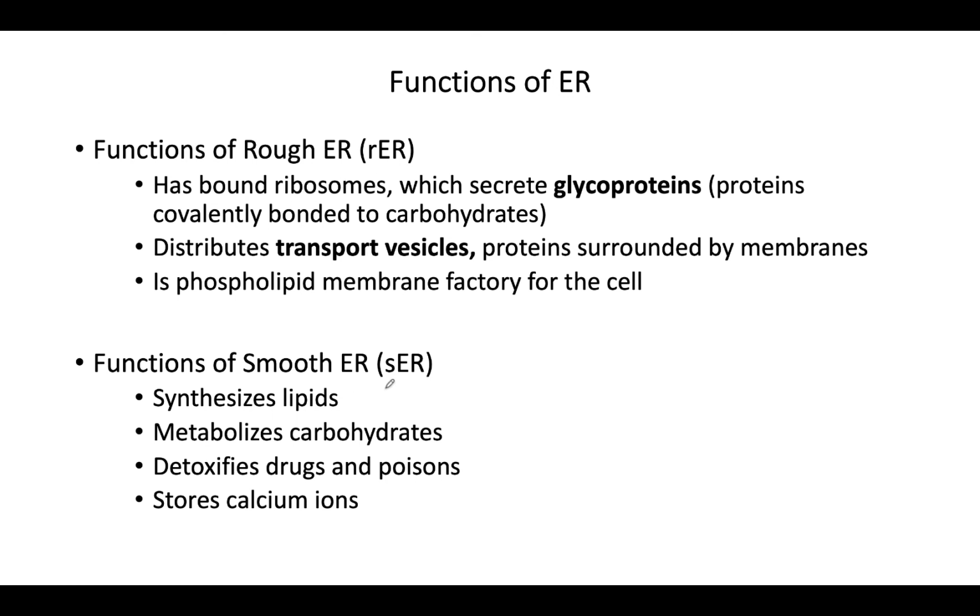Since SER does not have ribosomes, protein cannot be manufactured in SER, but lipid molecules can be synthesized in smooth ER. It metabolizes carbohydrate also. So in SER, lipid and carbohydrate are metabolized. SER detoxifies drugs and poisons, and SER also stores calcium ions.